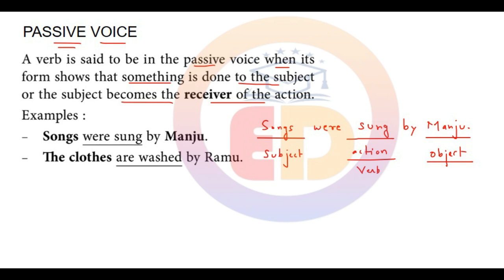Now understand, after breaking this down, the subject is songs, and the songs were sung means songs are not performing any action, rather the action is being performed on songs. They were sung by the object Manju.